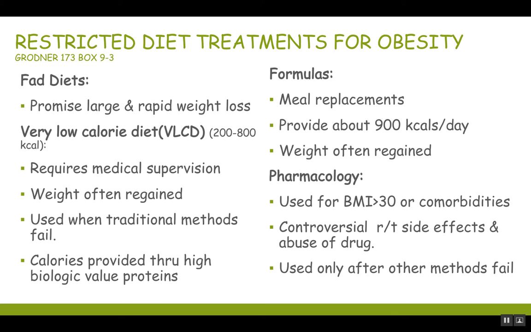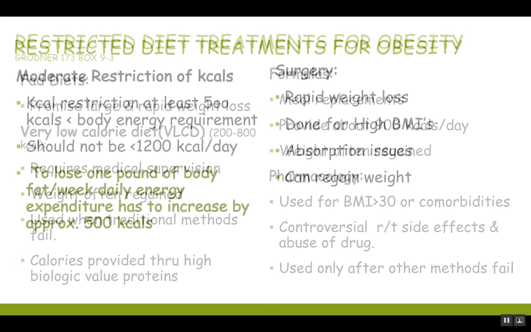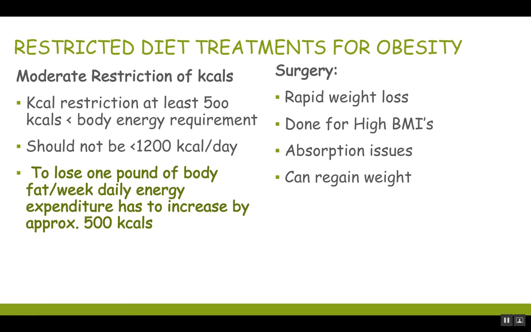So a moderate restriction of calories is where you reduce calories at least 500 calories less than what your energy requirement is. So if you are reducing what's required, then you're going to have weight loss. But you shouldn't really go below 1,200 calories a day unless you're under medical supervision.